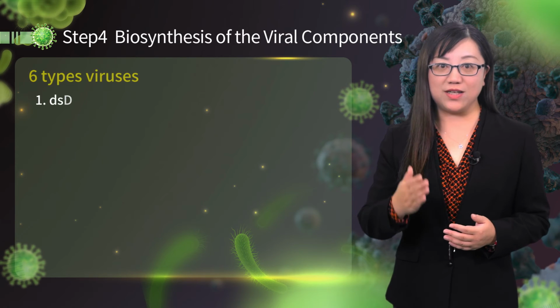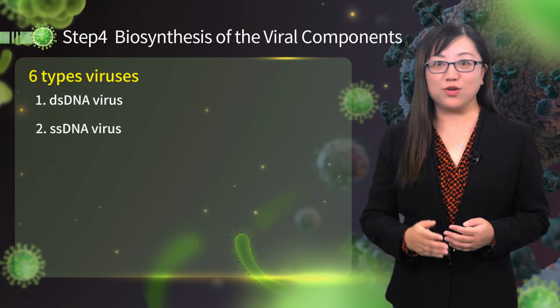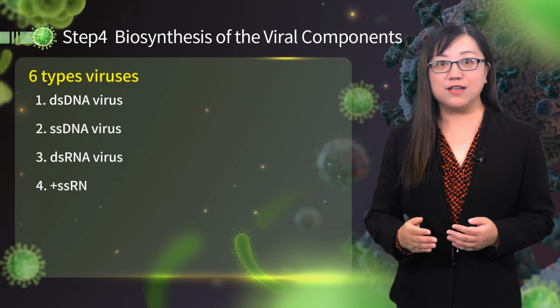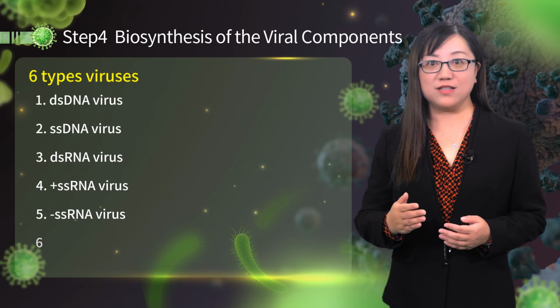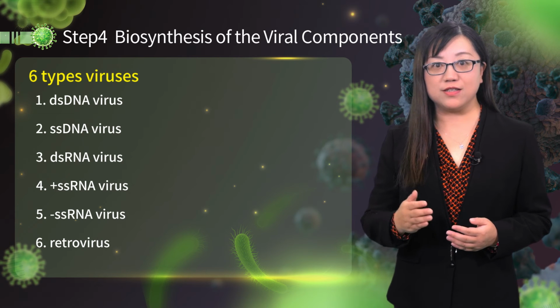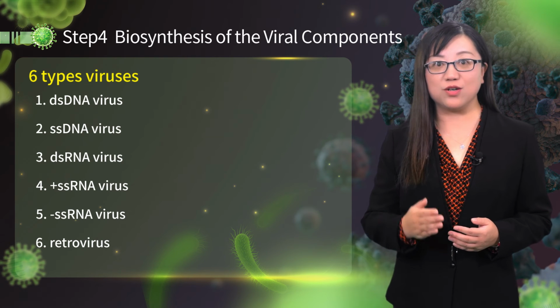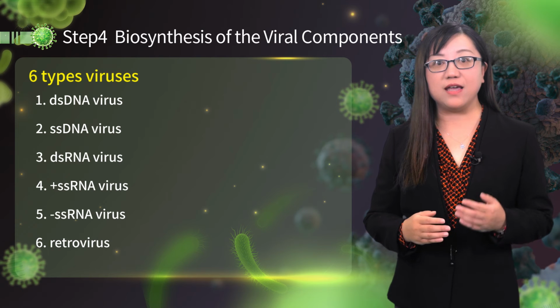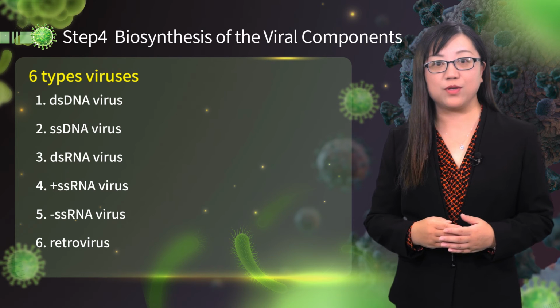As we have learned in the last session, there are 6 types of viruses. They are double-stranded DNA virus, single-stranded DNA virus, double-stranded RNA virus, positive sense single-stranded RNA virus, negative sense single-stranded RNA virus, and retrovirus.